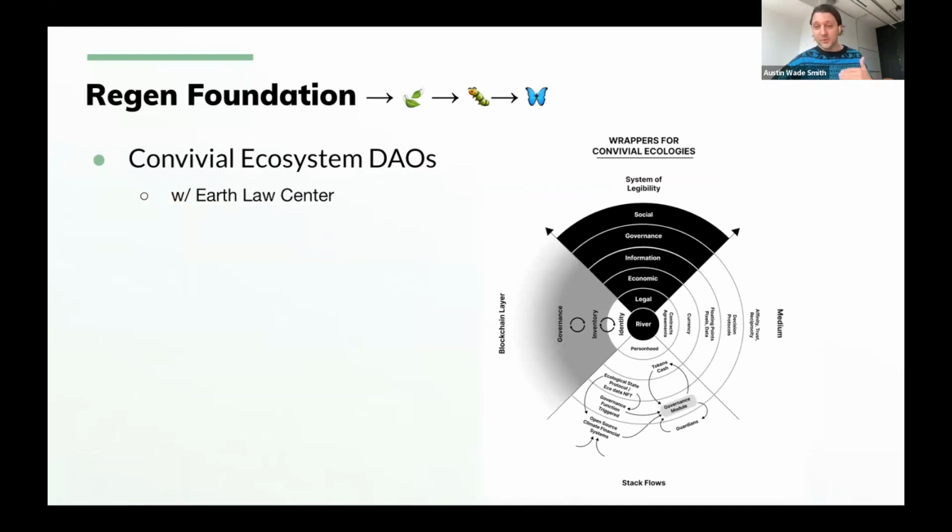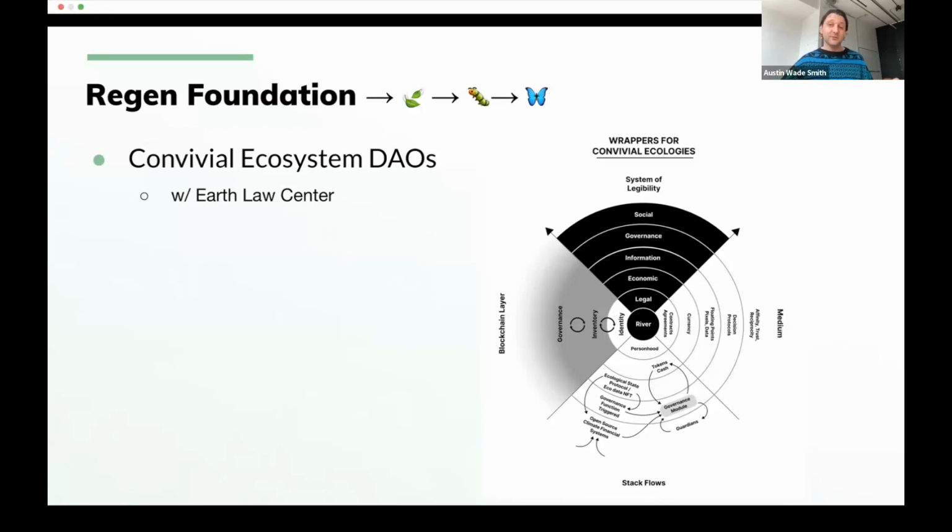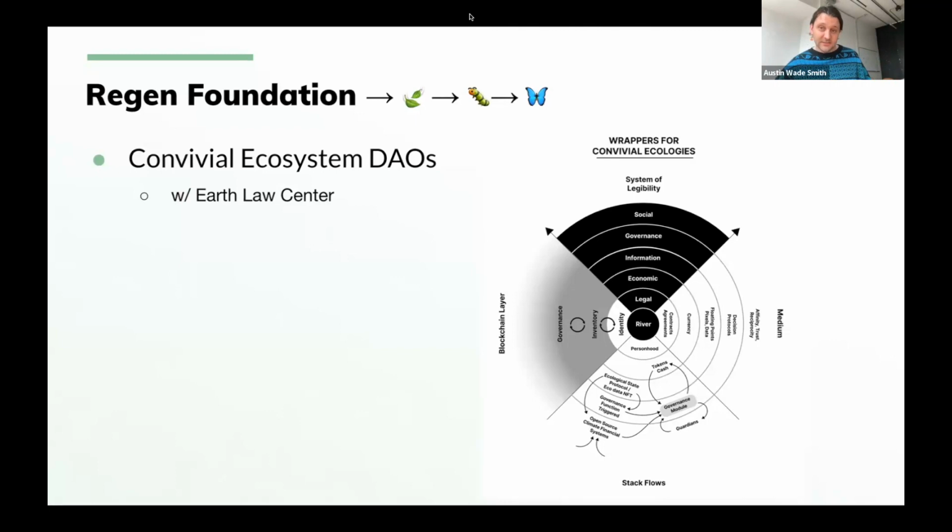So how can open source climate finance systems like Regen Network interact with legal personhood and develop some novel frameworks to look at indigenous sovereignty, ecosystem funds, sovereign wealth funds, governance around common pool resources.